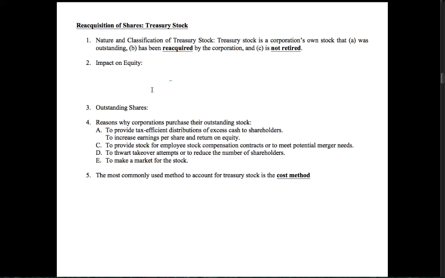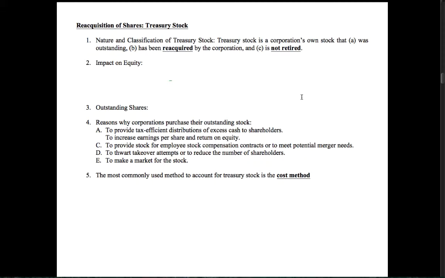The key thing to make sure you understand is that it represents shares that the corporation originally issued to the shareholders, but has since reacquired from the shareholders and has not yet retired, because they would be considering that they could reissue those shares again in the future. That is the main thing to understand: it is reacquired shares by the corporation and they have not yet been retired.